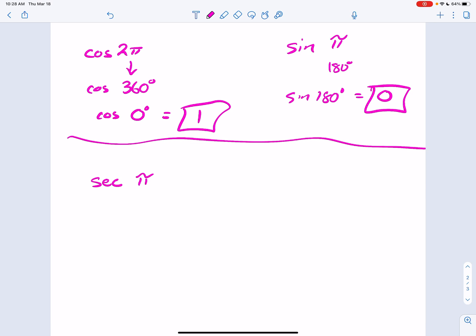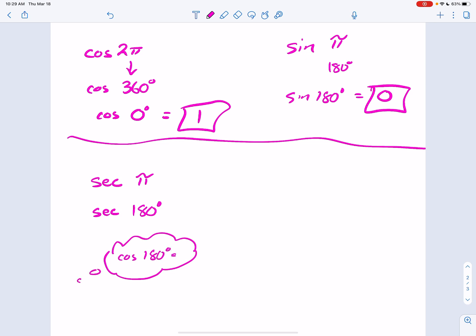Okay. So in my mind, first of all, 1 pi radian is the same thing as 180 degrees. Secant is related to cosine in that they're reciprocals. So in my mind, I'm thinking, well, cosine of 180 is what?